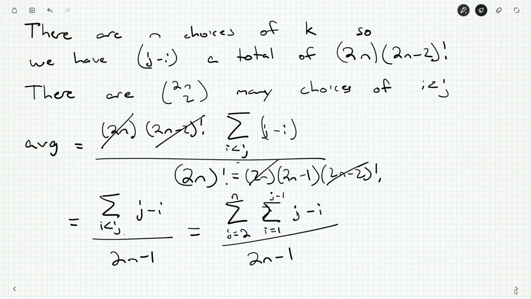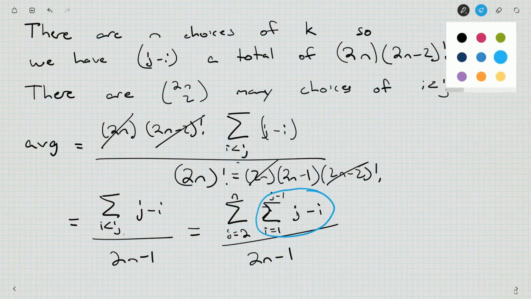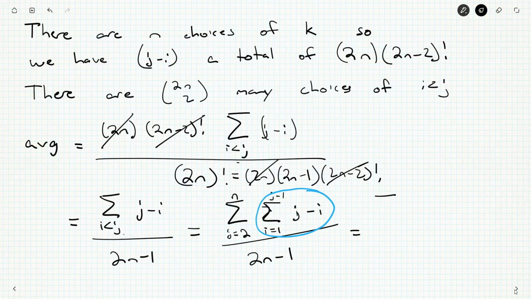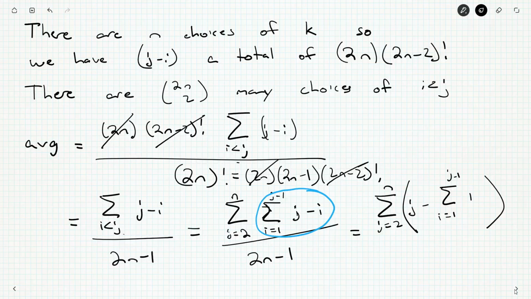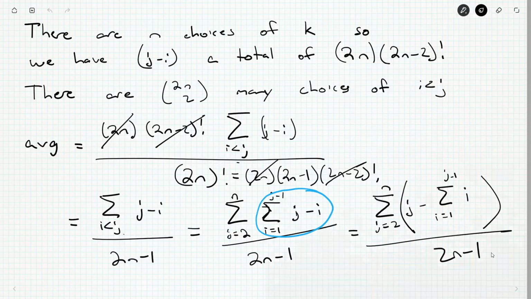But in this expression, j is a constant, so I can pull it out. So I can write the sum from j equals 2 up to n of j minus the sum from i equals 1 up to j minus 1 of i, over 2n minus 1. Now this expression in here is just the sum of the first j minus 1 natural numbers, and I know a formula for that.